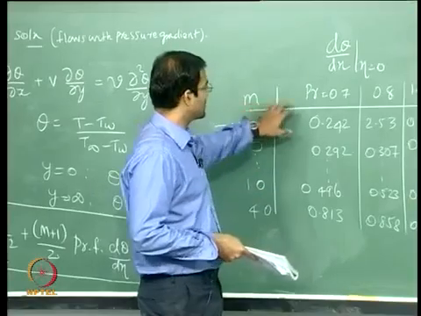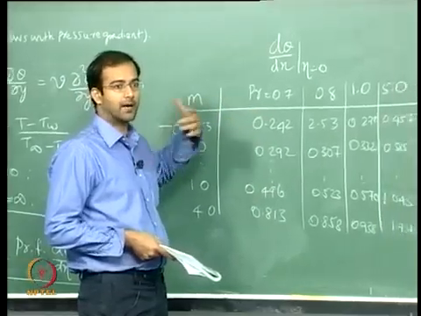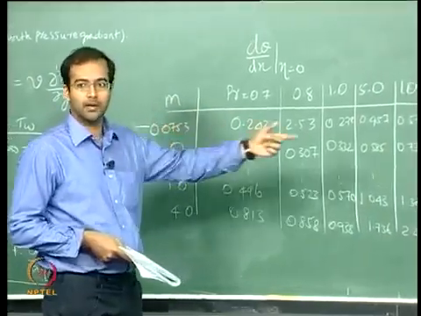Okay, and also now it is a function of Prandtl number. So you may have to fit a curve as a function of Prandtl number, and you should bring the Prandtl number dependence.